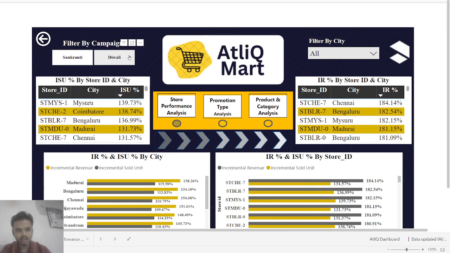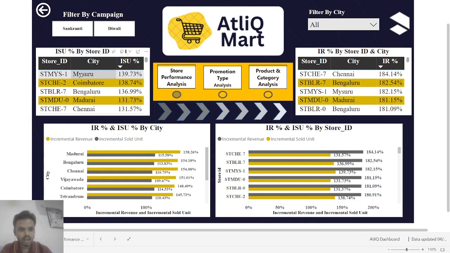The cities are Mysuru, Coimbatore, Bangalore, Madurai, Chennai, with their ISU percentages in descending order: 139.73 percentage, 138.74 percentage, 136.99 percentage respectively.